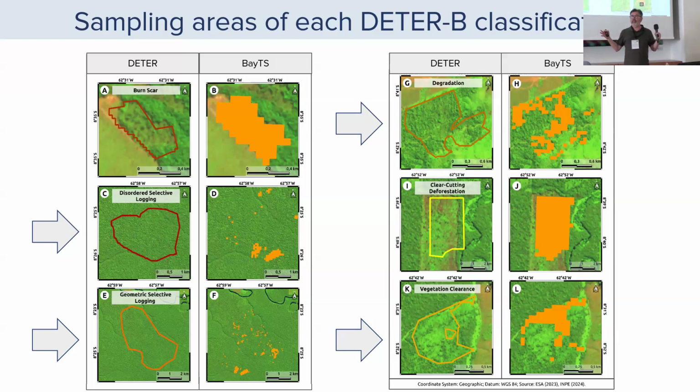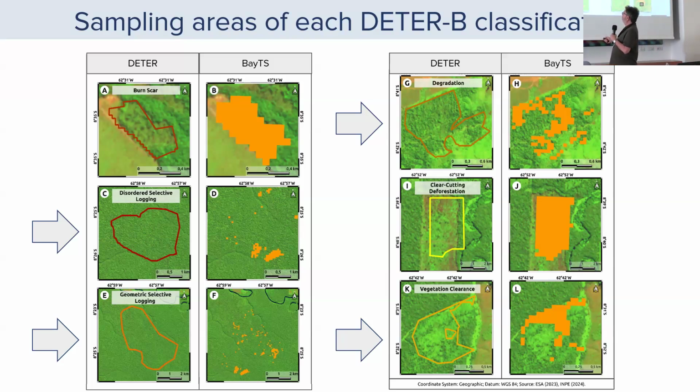All of the trees are burned, which means all of the pixels are burned. So even if I do pixel by pixel, I still get a consistent area. The same goes for clear-cut deforestation. When I do a clear cut, I remove all the trees. So even if I go pixel by pixel, I still get a consistent response.